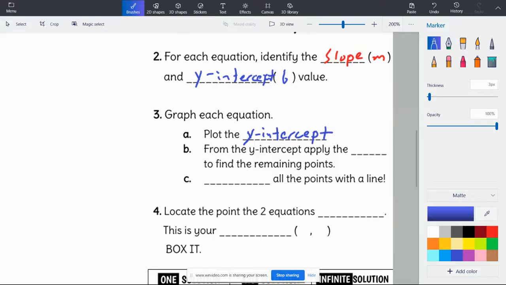From the y-intercept, you apply the slope to find the remaining points. And the last thing you do is connect all the points with a line. So you just draw a line through them. If you have a straight edge of some kind, that's great. Those little protractors are great for it. The edge of a notebook works really well. If not, just do your best.